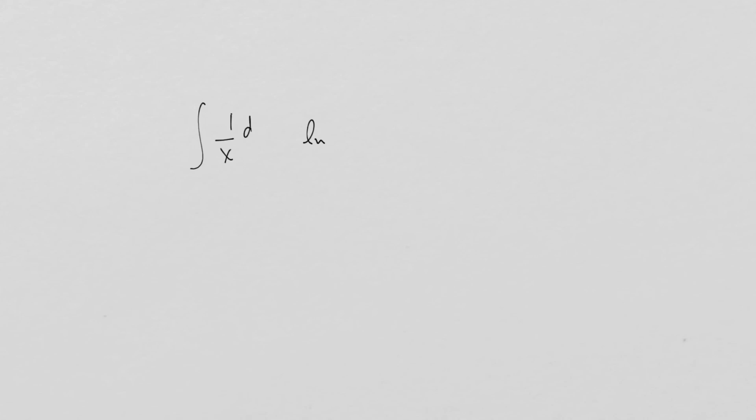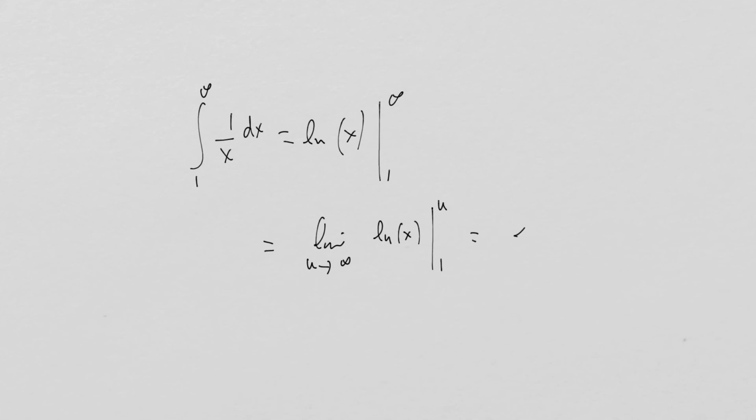The integral of 1 over x from 1 to infinity is natural log of x from 1 to infinity, which is the limit as u goes to infinity of natural log of x from 1 to u, which is natural log of u as u goes to infinity minus natural log of 1, which is 0. Well, that is infinite, isn't that true?